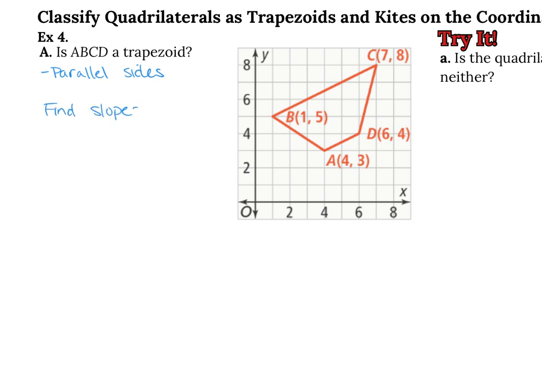So we're finding our slopes. I'll find my slope of AB. And we'll find my slope for BC.